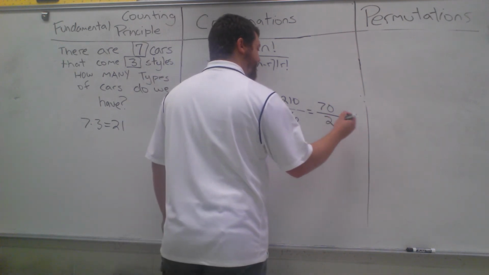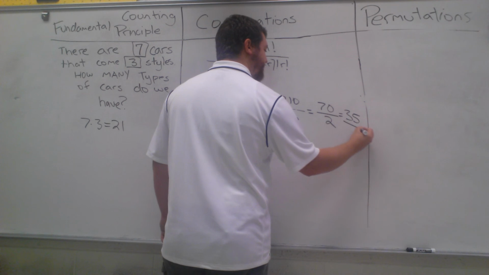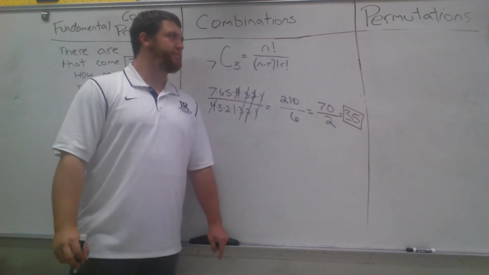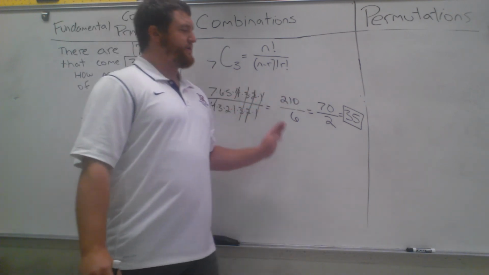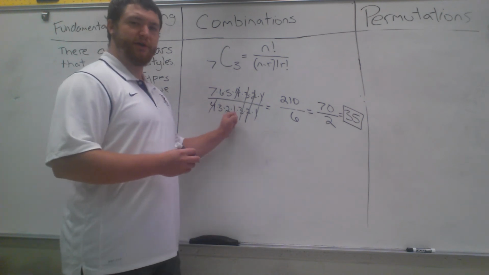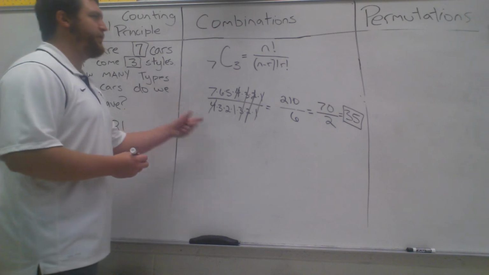That just didn't seem right for a minute. 70 over 2, they're both even. 35. So we went from having 210 ways over there, down to 35. Combinations will always be less. And we've done that example. We are good to go.